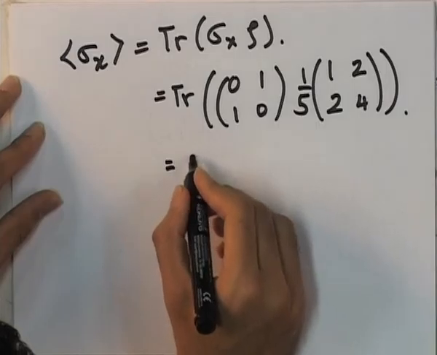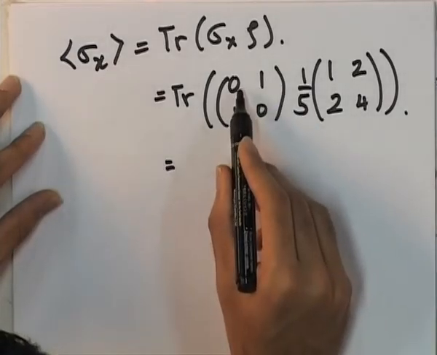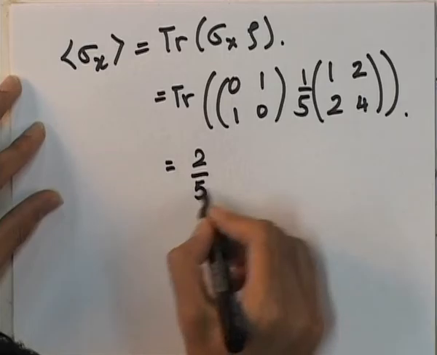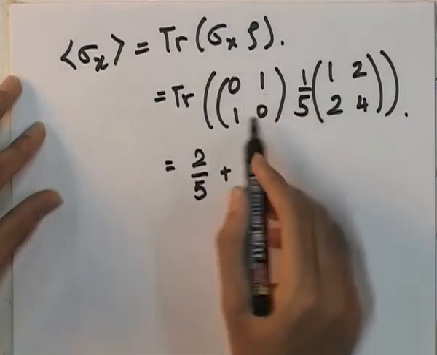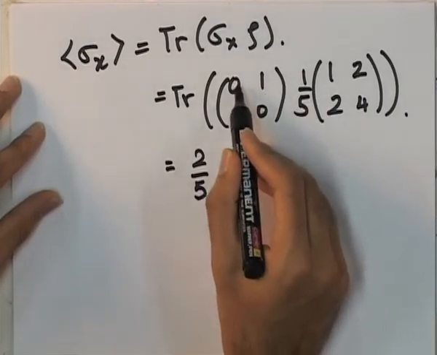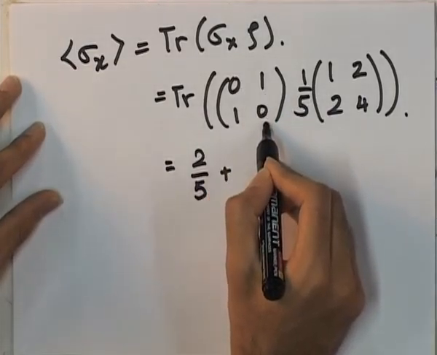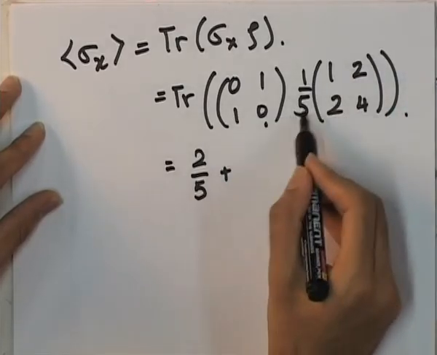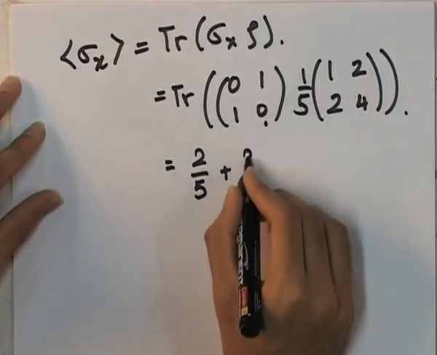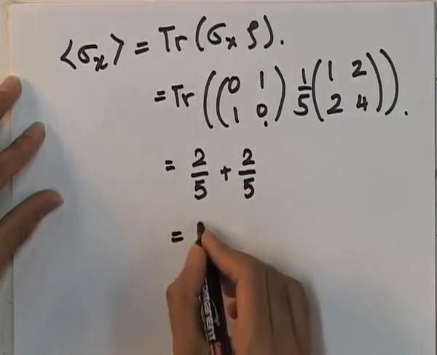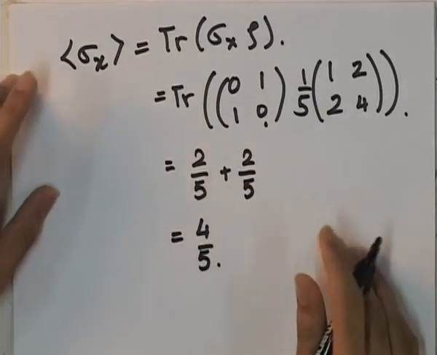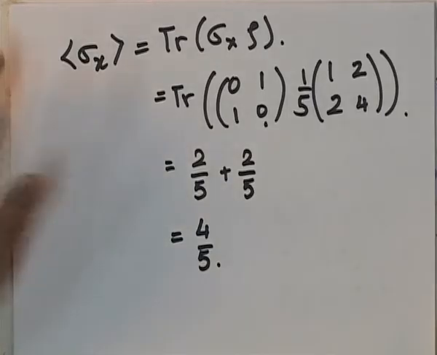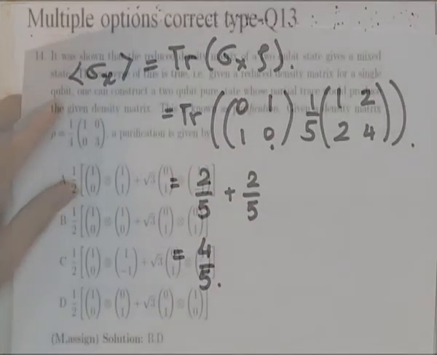The first diagonal element is 2 by 5, and the second diagonal element is (0 into 2 plus 4 into 0... rather 2 by 5). So the expectation value of sigma x is indeed 4 by 5. So option D is also correct. The correct answers are options A, C, and D.